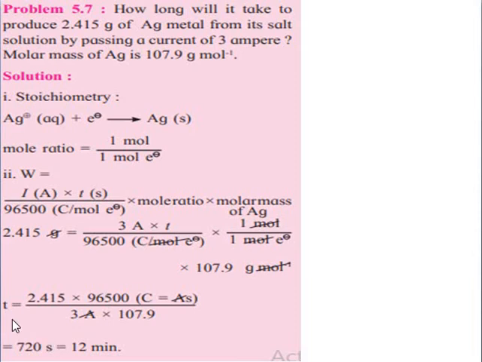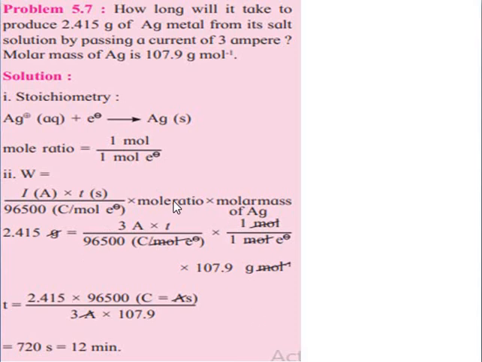Therefore, T equals 2.415 into 96,500 divided by 3 into 107.9, because the T term is taken on the left side while all other quantities are taken on the right side. The final answer is 720 seconds, which is equal to 12 minutes.